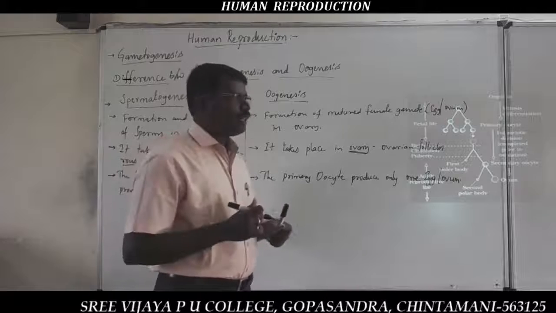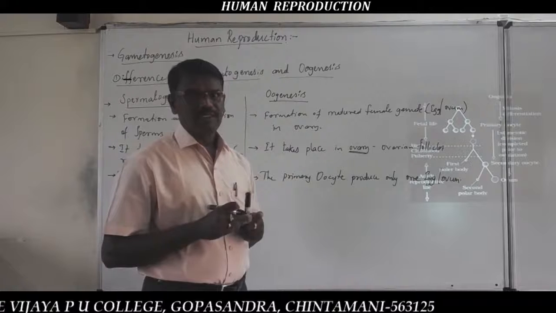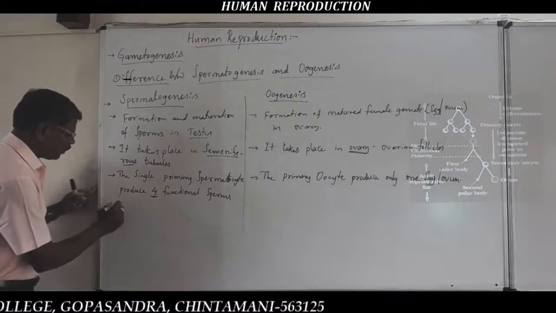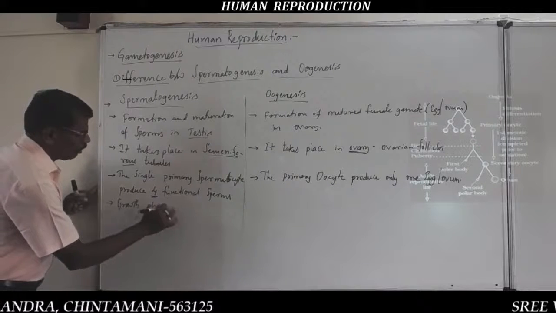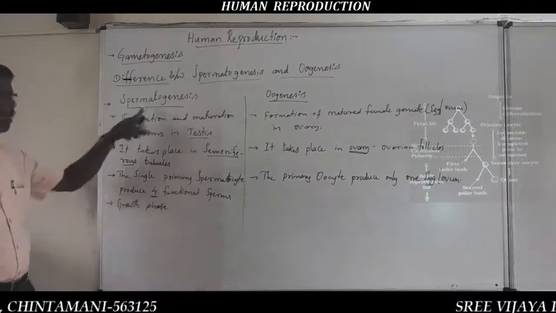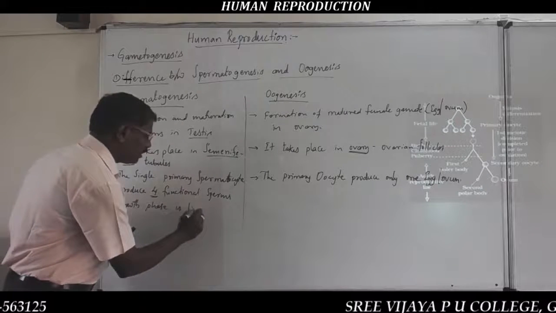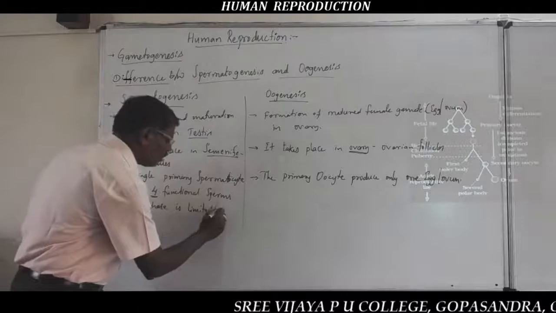At the time of oogenesis, there is a growth phase. The growth phase in spermatogenesis is of limited or short duration.